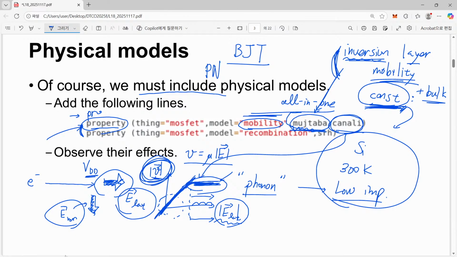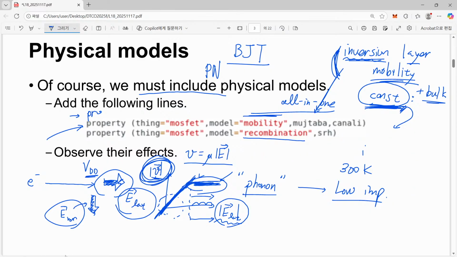And another one, here you have a different line. This is related to recombination. Recombination is really important to determine the lifetime of your device. Also, it is very important for the calculation of leakage current.